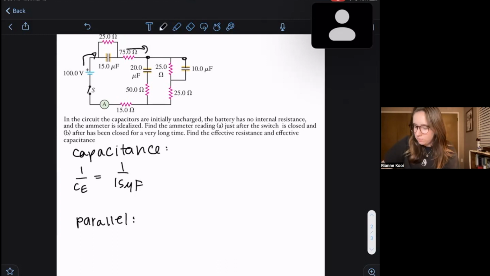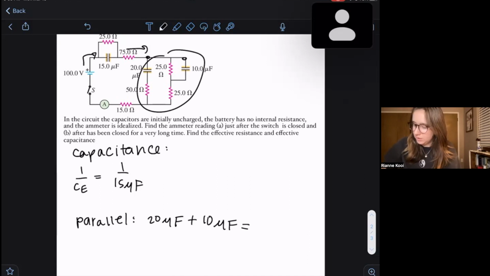So that's 20 microfarad plus 10 microfarad. This entire section gives us an effective capacitance of 30 microfarad.